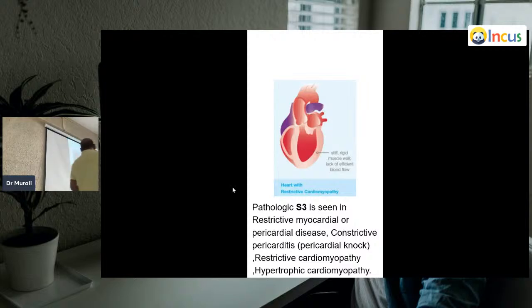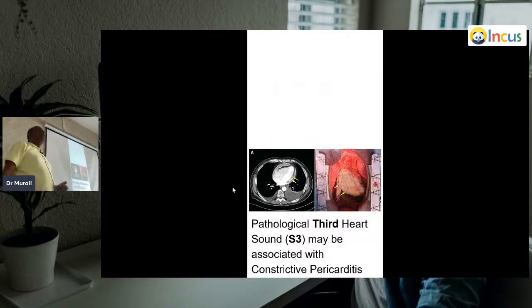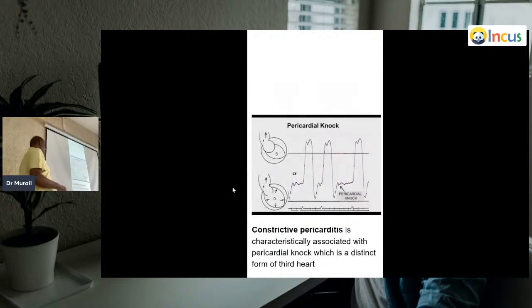Alright? Then pathological third heart sound, right, is associated with constrictive pericarditis. Then the pericardial knock that you listen to in constrictive pericarditis is nothing but a third heart sound.